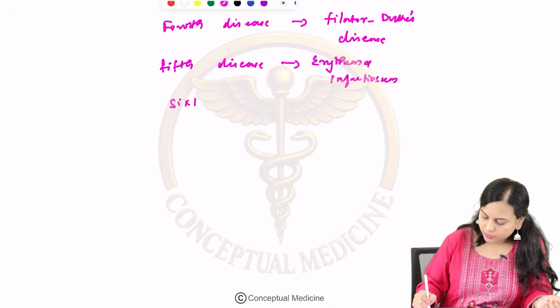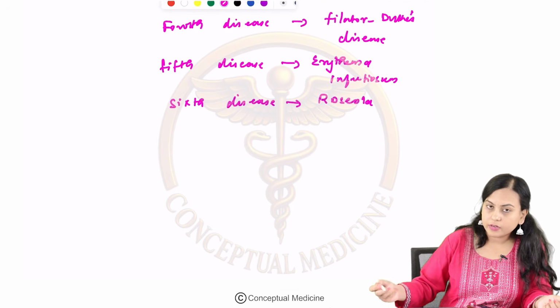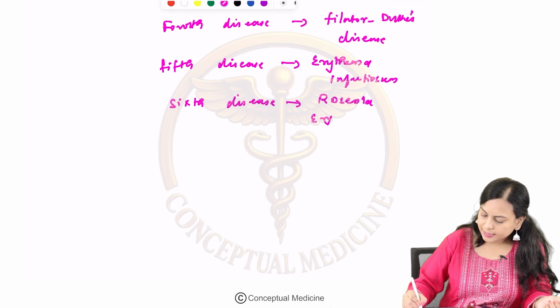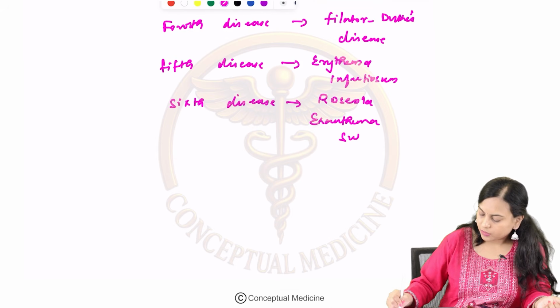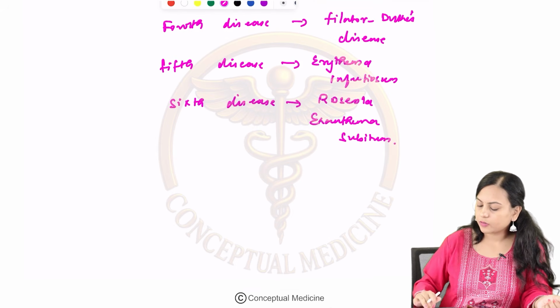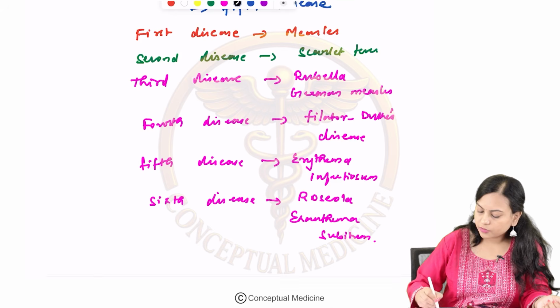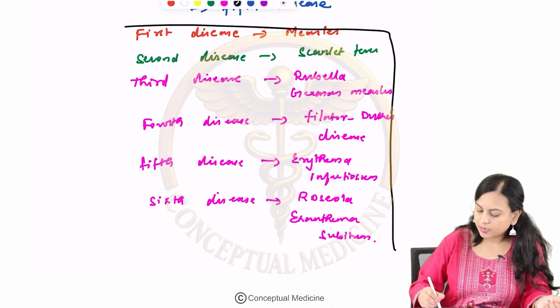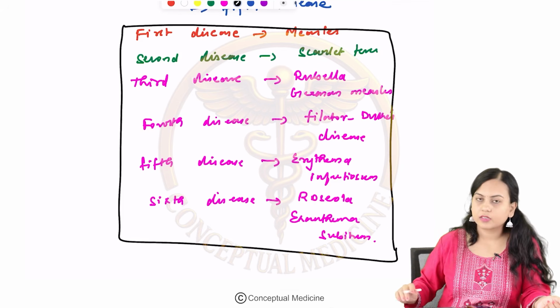And your sixth disease is roseola or exanthema subitum. Okay, so this is just for information sake, I have added this table. Clear?